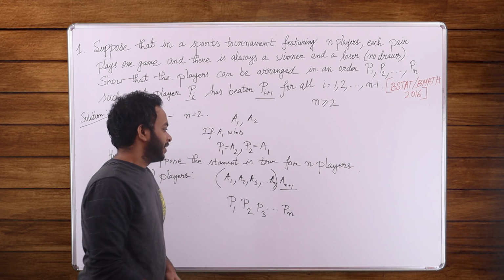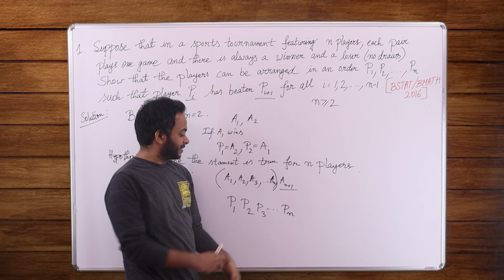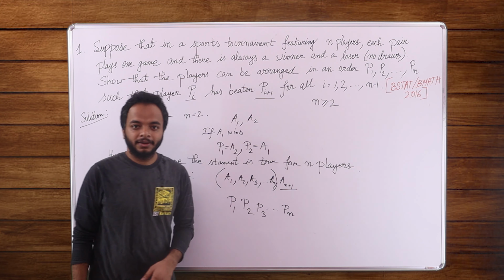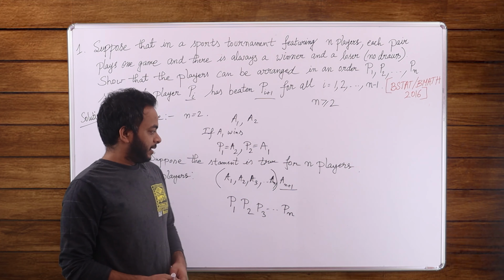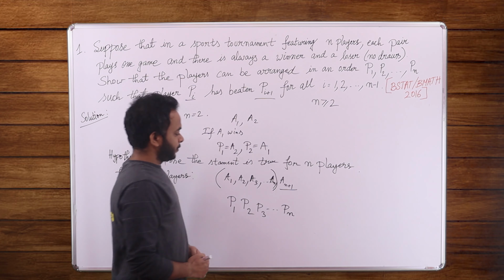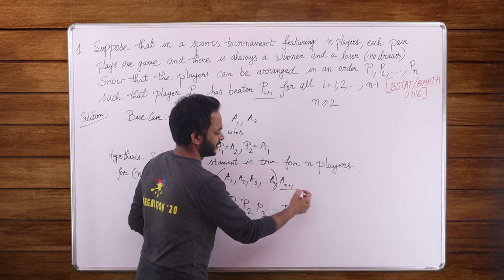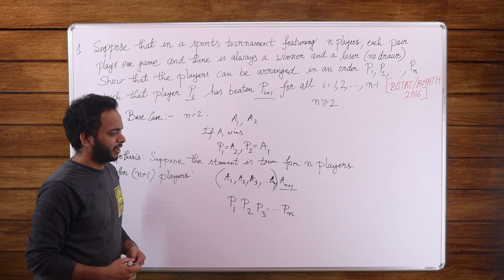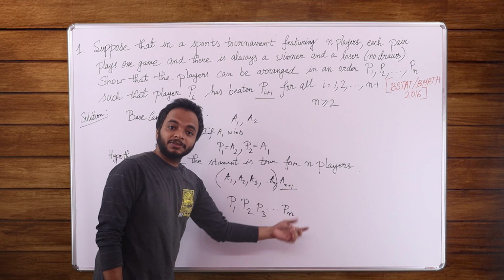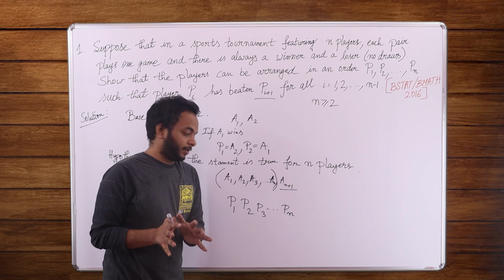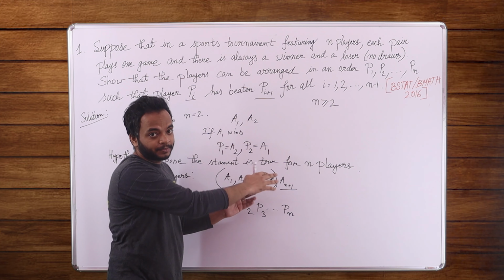Fine. Now I have to bring this player and make it sit somewhere here, right? For now let's keep it as A n plus 1. Suppose the n plus 1th player has beaten every one of them.